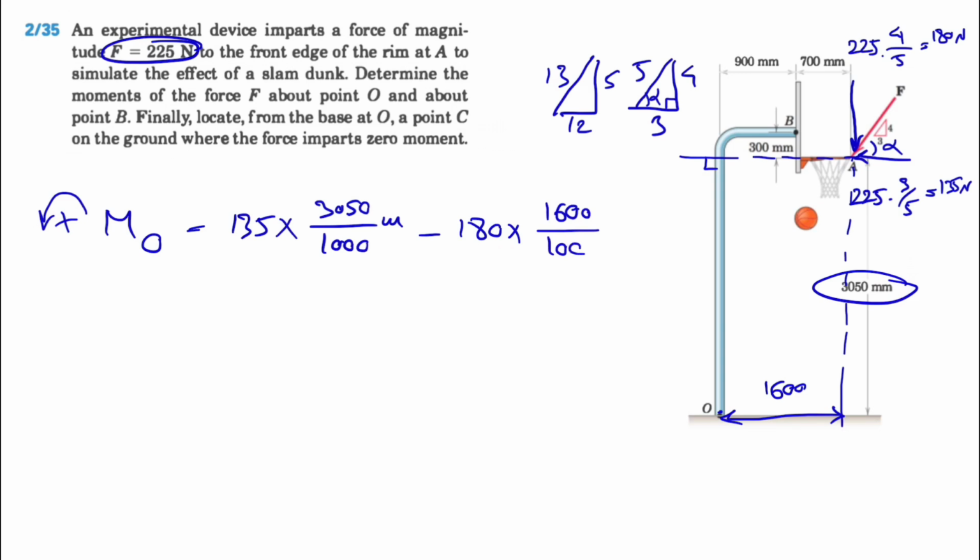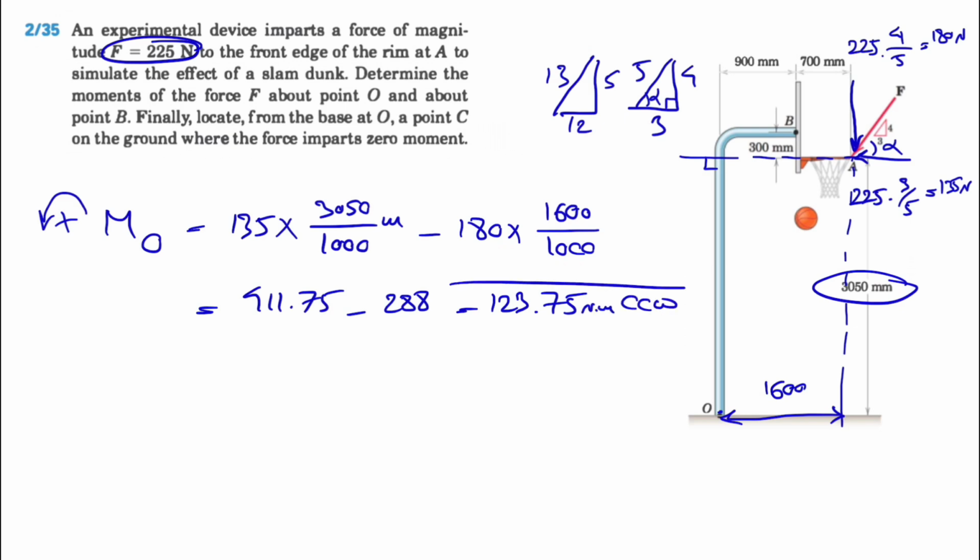If we calculate this, we get 411.75 minus 288, which gives us 123.75. The moment is positive, which shows a counterclockwise moment, and the unit is newton meter. So that's the moment about point O.